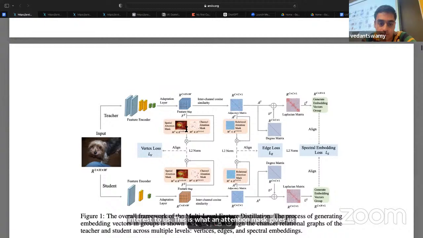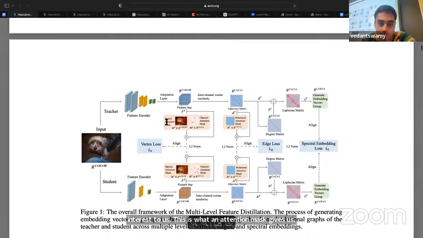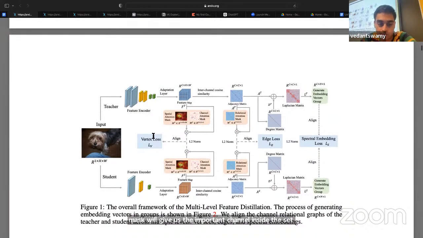So in this case, the spatial attention mask gives us the important regions inside each matrix. The channel attention mask will give us the important channels inside the set of all channels. After that, we would use these in order to get a vertex loss.